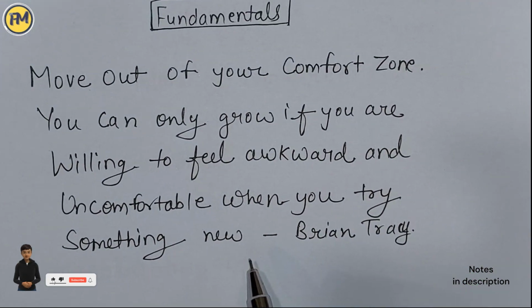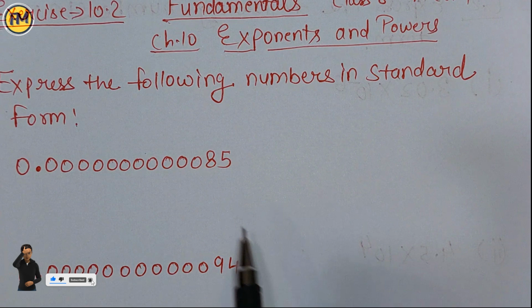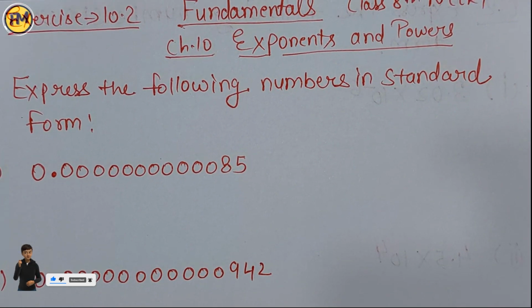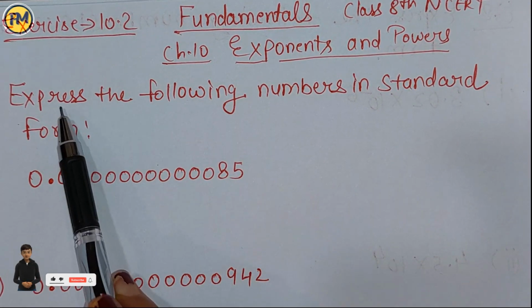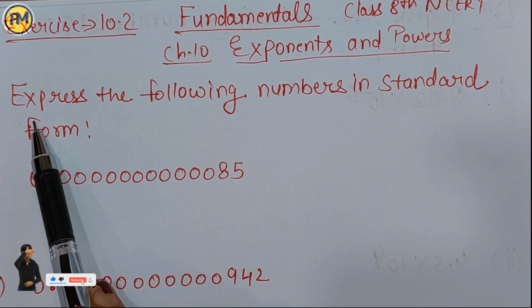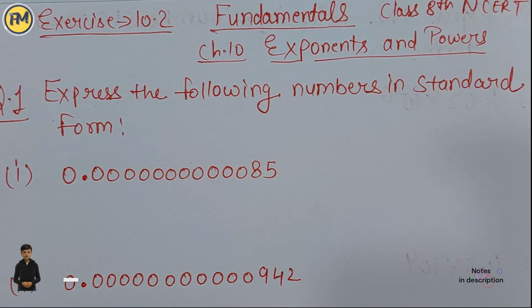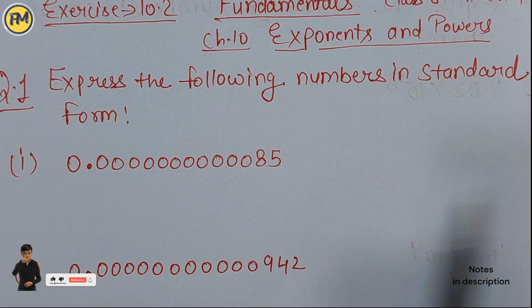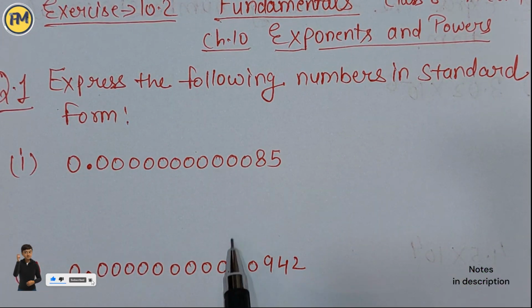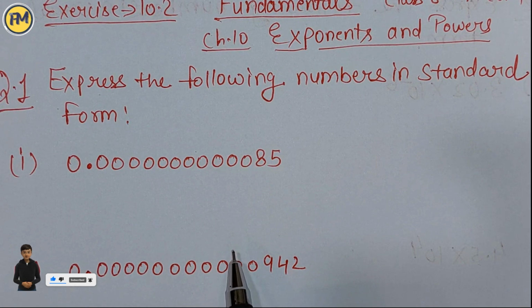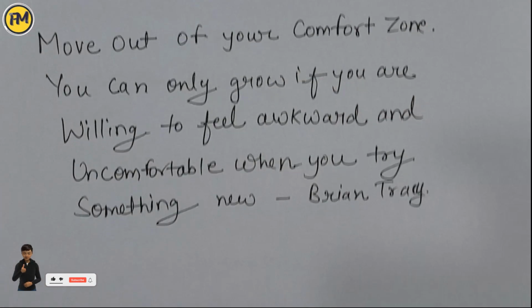Okay, so let's start. This is our exercise 10.2 from class 8th. Question number 1: Express the following numbers in standard form. Before the explanation of this question, I want to give you a short introduction of this topic.